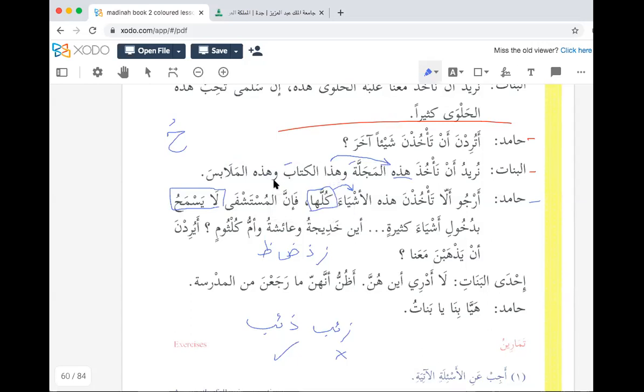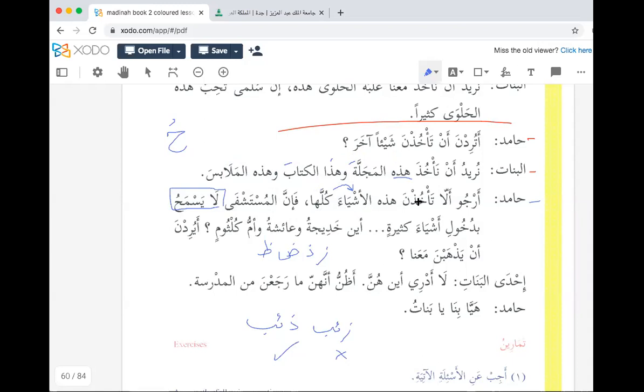So this word of emphasis, kullaha, will follow just like na'at follows, in terms of i'rab.